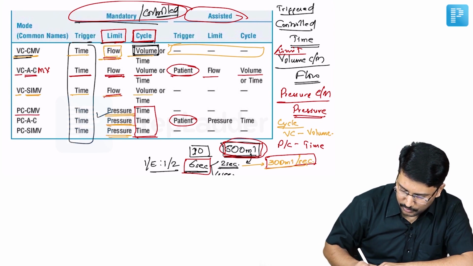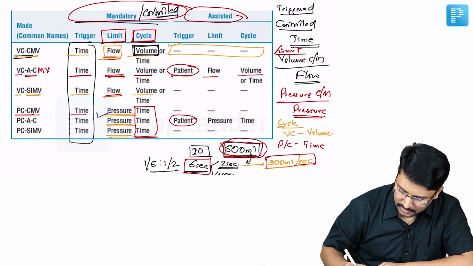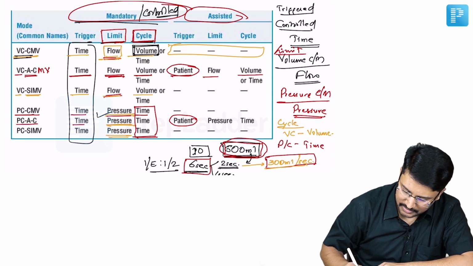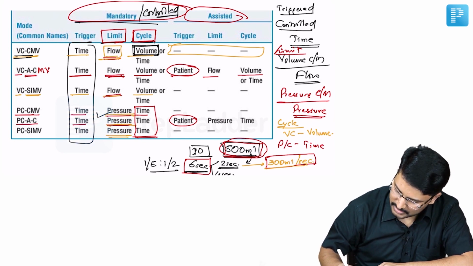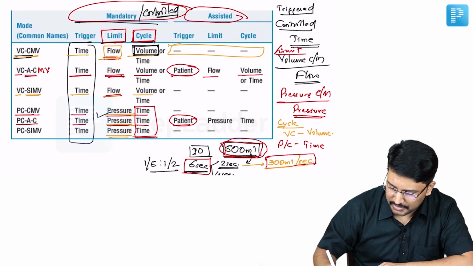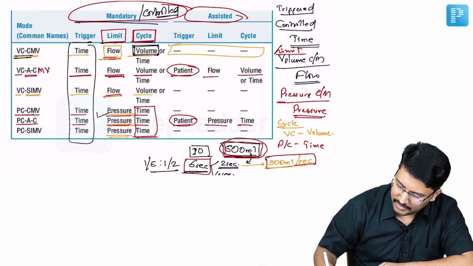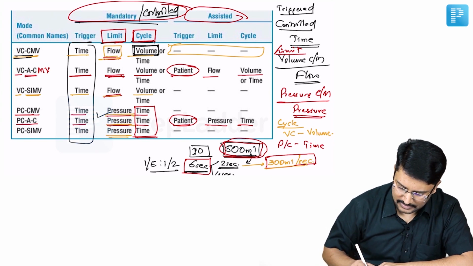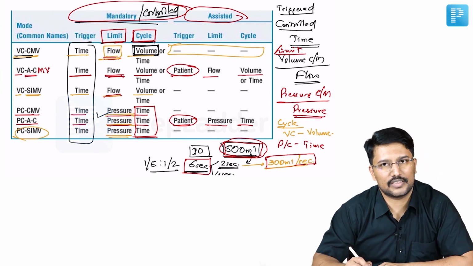For pressure controlled mode of CMV, time is the trigger, pressure is the limit, and time is the cycler. Same applies for pressure controlled assist control mode of ventilation. Time is the trigger, pressure is the limit, time is the cycler. For an assisted breath, the patient is the trigger, pressure is the limit, and time is the cycler. And the same applies for pressure controlled SIMV.